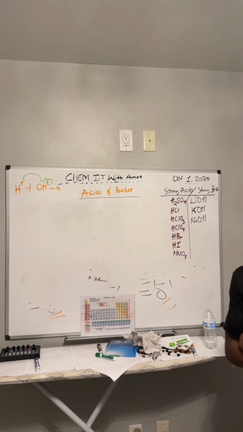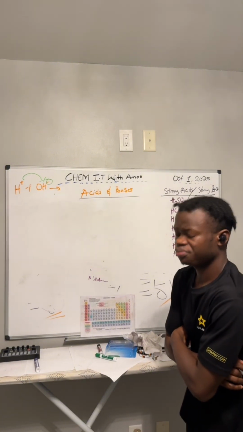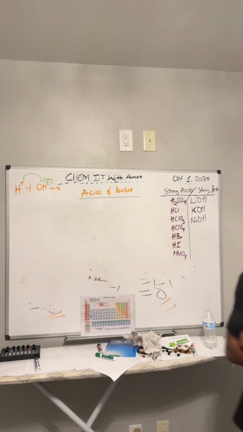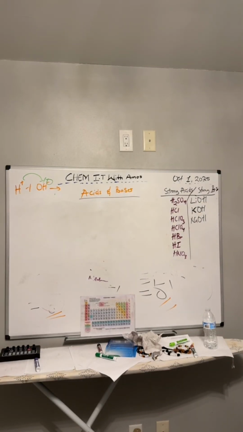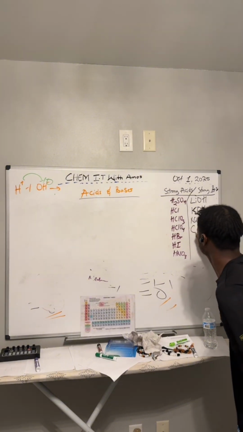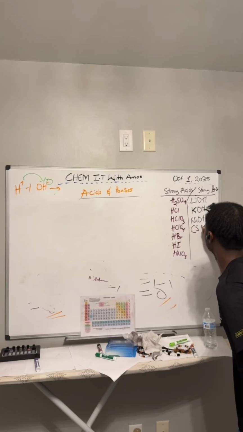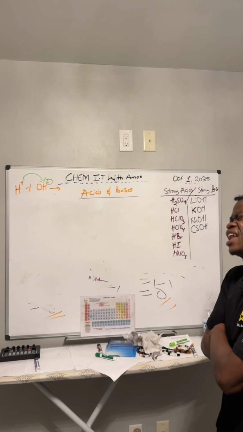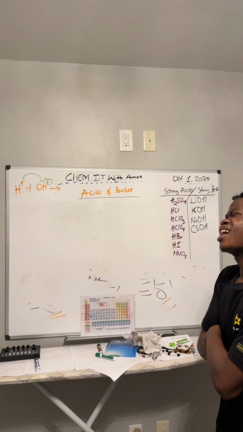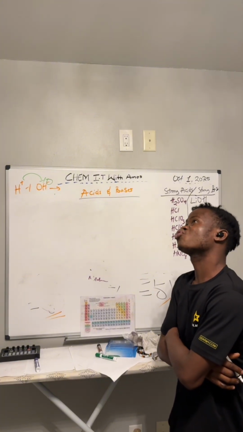And what's the next one we know again? Another element in group 1. We have cesium hydroxide, CsOH. And again we have an element in group 2 that has the atomic number of 20.